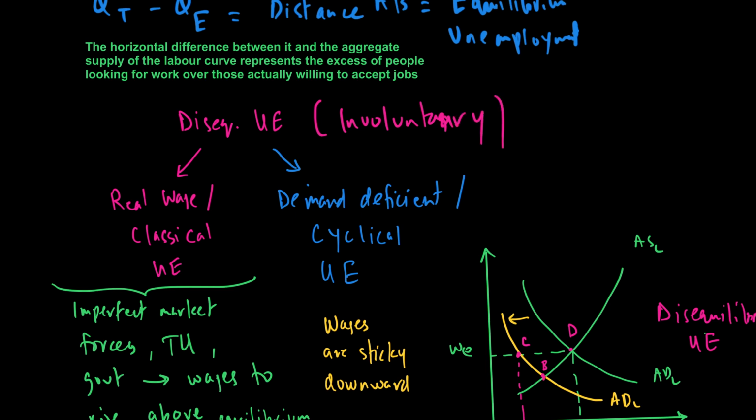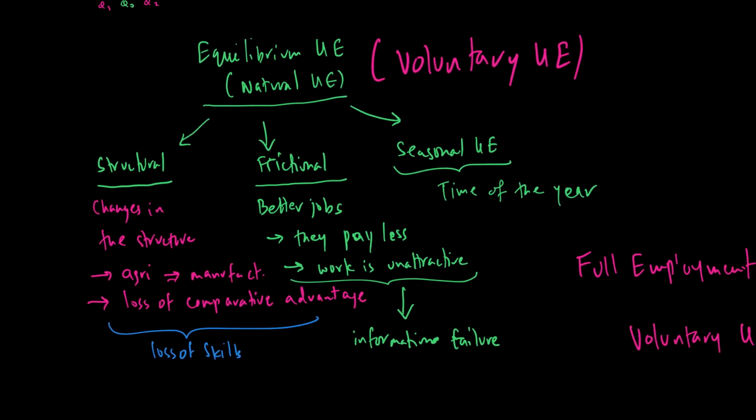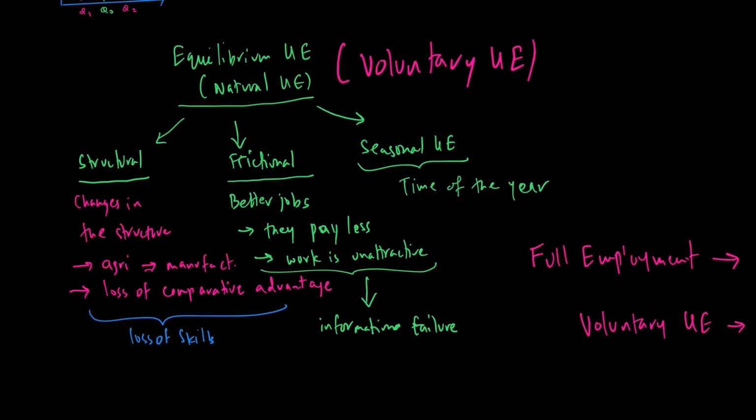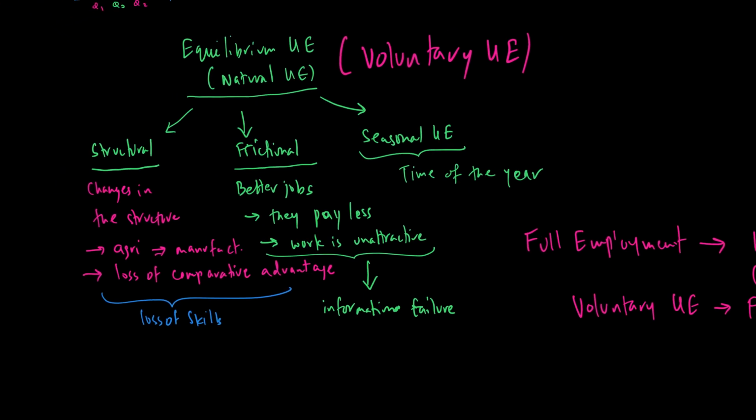So this is involuntary, and equilibrium unemployment is voluntary, for reasons like frictional or structural. We say workers can still settle for jobs, but they may not want to work because they may find the work to be unattractive or low paying.